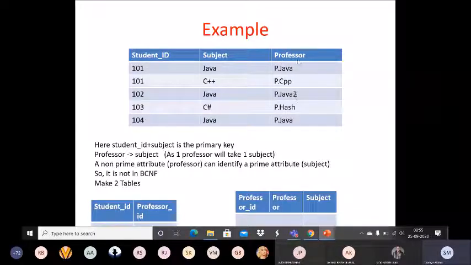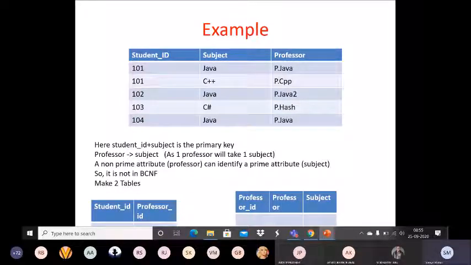Both are taking this subject Java. So if you write here professor taking subject Java, and here you have written 101 has taken Java.